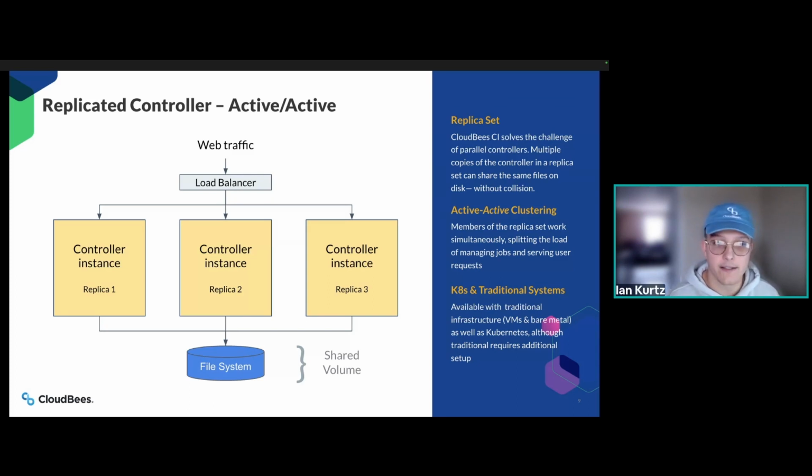These controller instances work simultaneously by splitting the load of however many pipelines are running across the number of configured replicas, which is another thing we'll cover. So there's no concept of primary and secondary like there was with active passive. And this is available for both traditional and modern architectures. The setup differs a little bit, but today we'll be focused on what that looks like in Kubernetes.